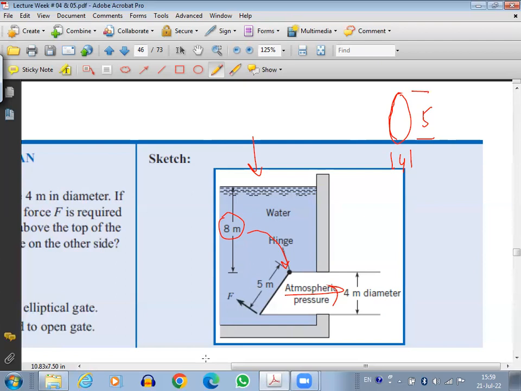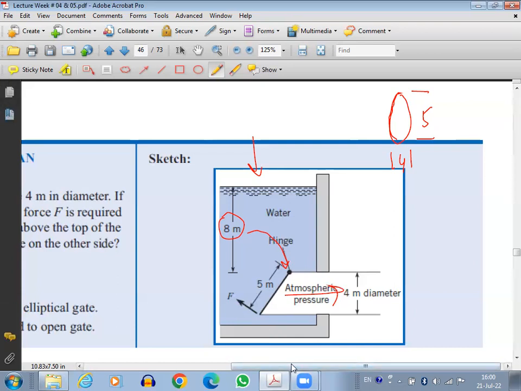Since the original pipe was 4 meters, the smaller diameter of the ellipse will be 4 meter, but the larger diameter of the ellipse is 5 meter. Is it clear?